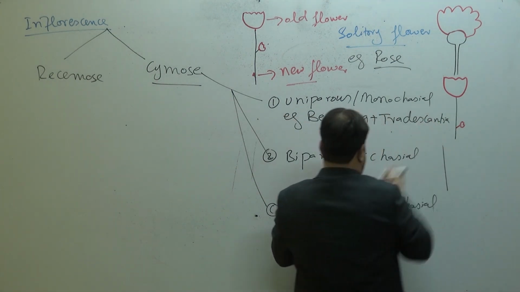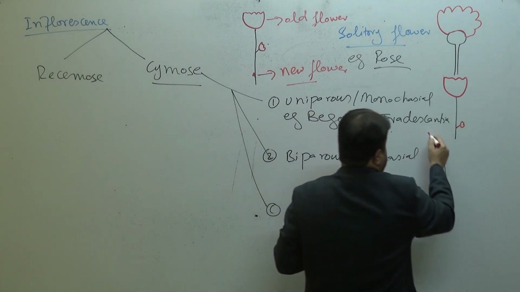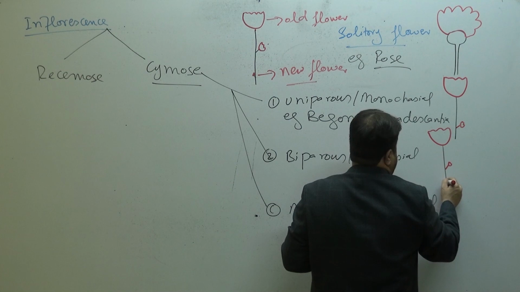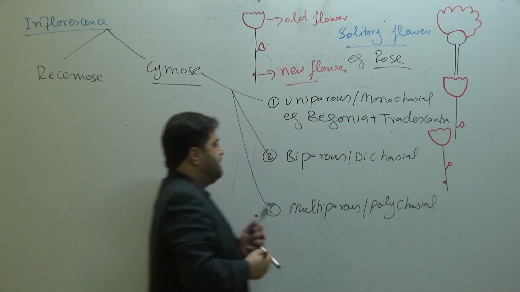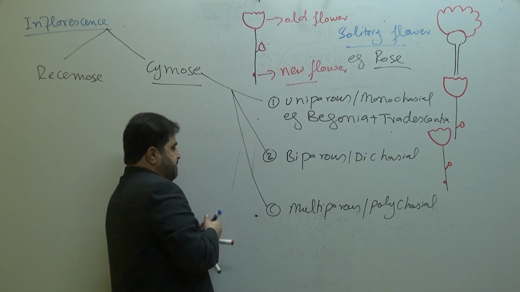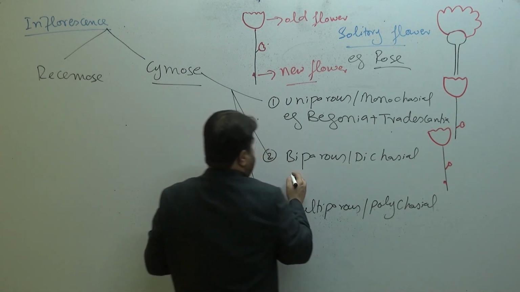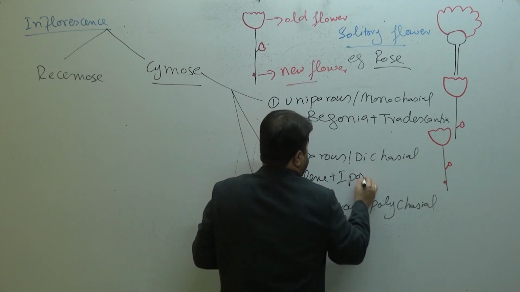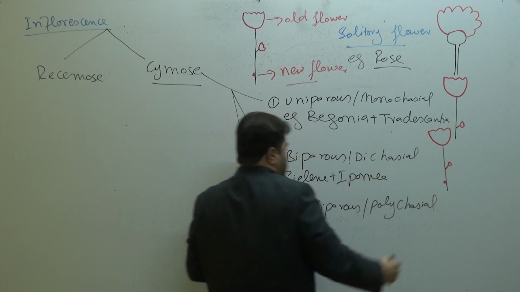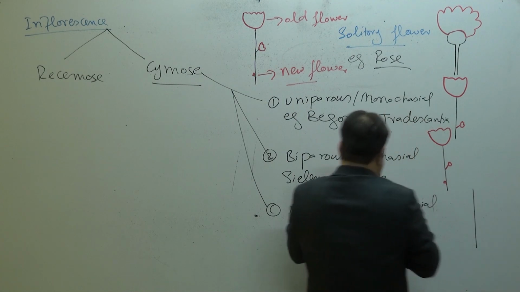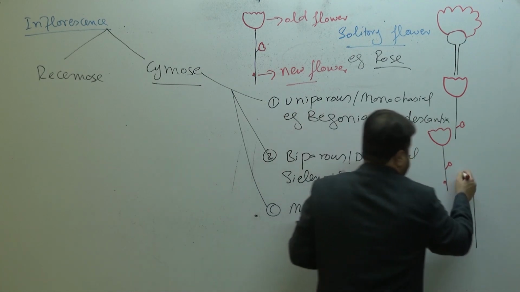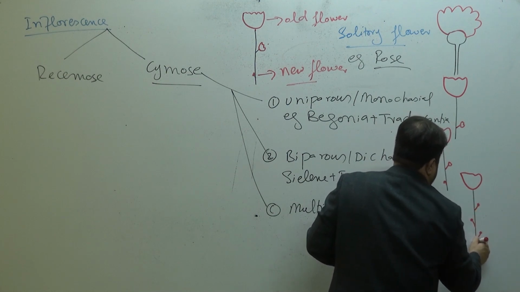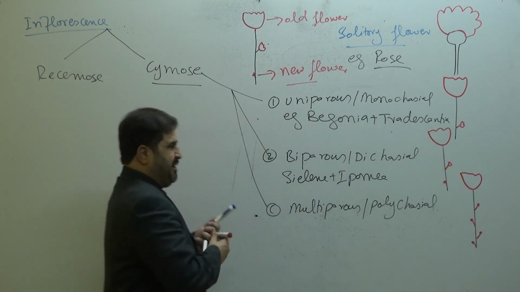In the case of biparous, when the main stalk completes its growth and produces a flower, two flowers are produced at the base. Bi means two. Examples are silene and ipomoea. In the case of multiparous, when the main branch completes its growth and more than two flowers are produced from the base, that's called multiparous.